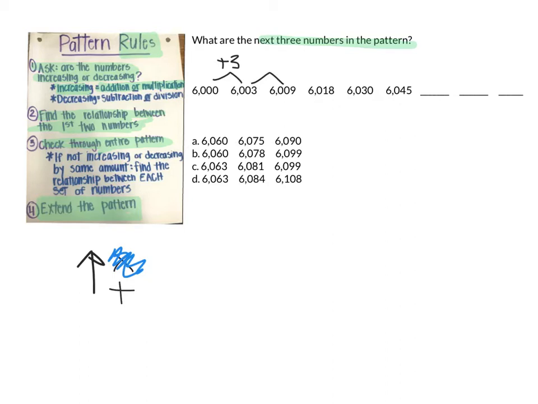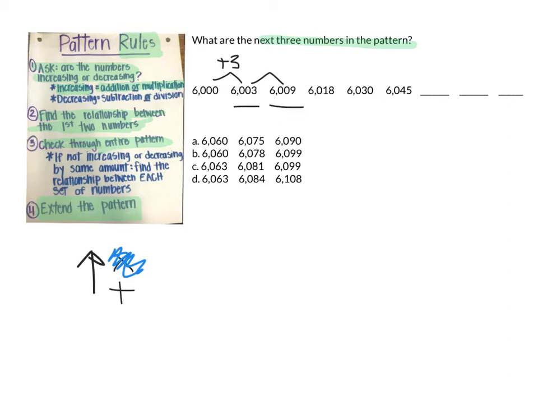So you could either figure out what we're adding using mental math, just doing the math in your head. Another little trick we can use is finding the difference between the two numbers, especially when our numbers are a little bit bigger like they are here. So I'm looking at the relationship between 6,003 and 6,009.